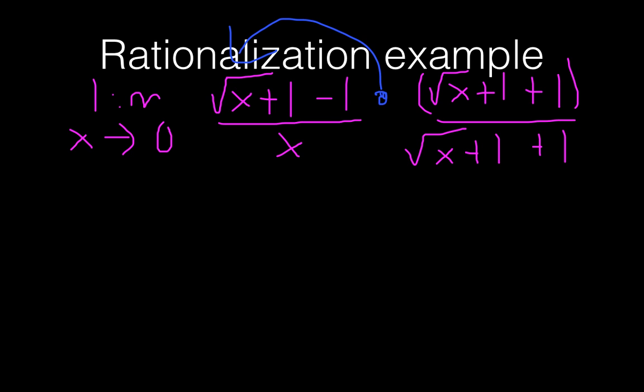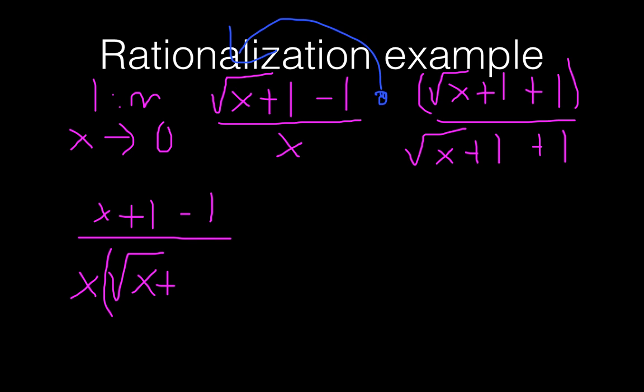Now we'll multiply that together, and simplified it comes out as x plus 1 minus 1 over x times the square root of x plus 1 plus 1.